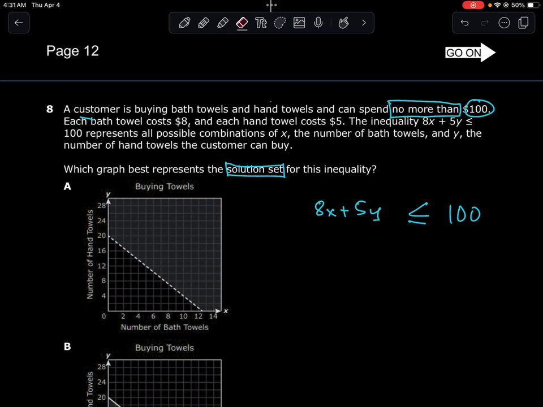Okay, now the temptation is to just go to each one of those graphs and look at which one is greater, less than, or equal, and that would be the wrong way of doing it, because that question is very tricky. The problem is it's not, the y is not isolated, so I don't trust that.